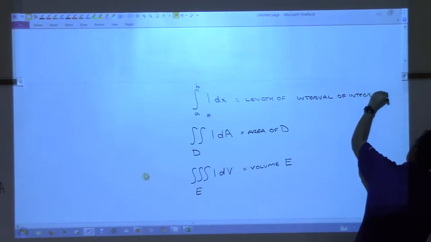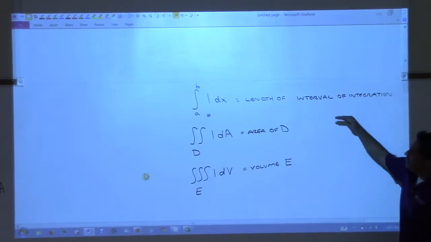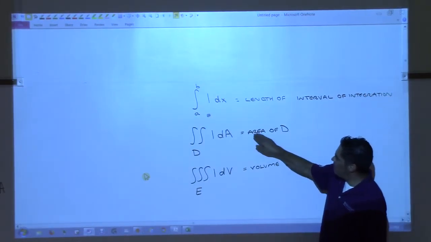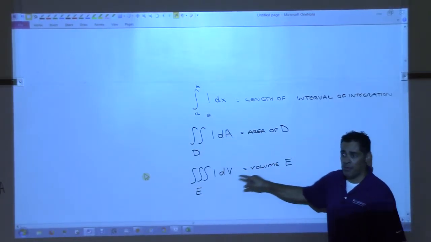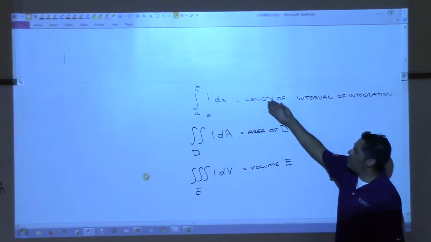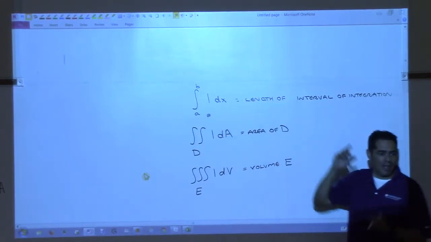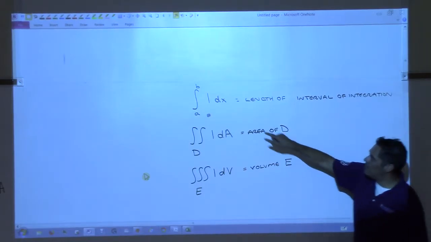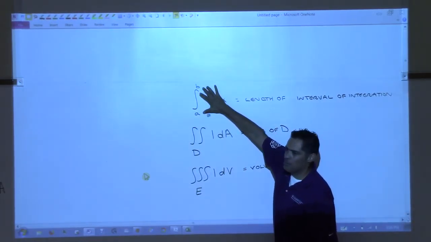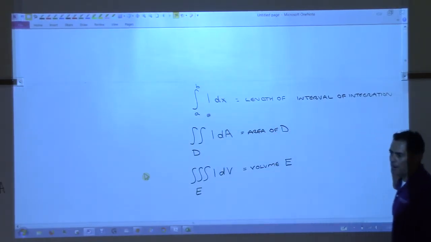Does that make more sense now backwards? So this one gave you the area of that domain, D. This gave you the volume of the domain, E. This gives you the length of the domain, which is that little line segment on the number line. So long as this is 1, these are constants there, right?